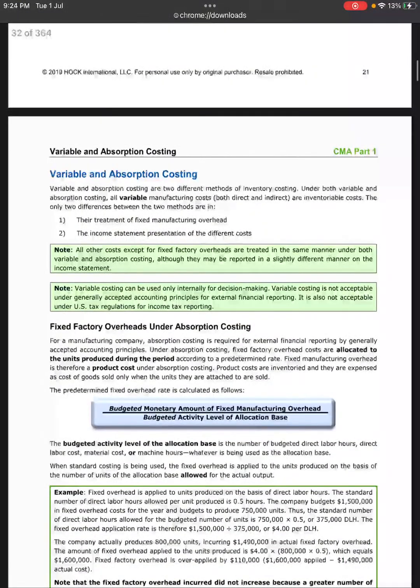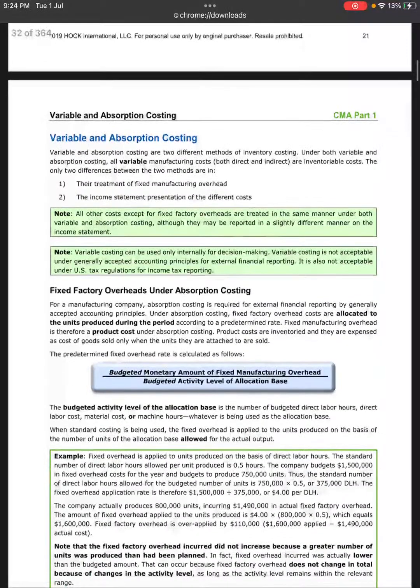Then all the costs except fixed factory overhead are treated in the same manner under both variable and absorption costing, although they may be reported in a slightly different manner on the income statement. Variable costing can be used only internally for decision making.